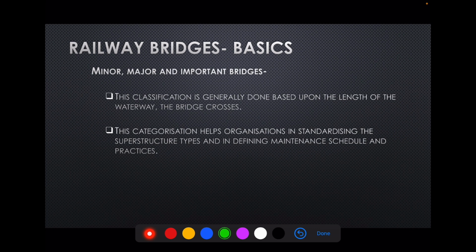Now let's understand minor, major, and important bridges. Basically, this classification is done based upon the length of waterway the bridge crosses. If it is crossing a small length, we can call it a minor bridge.